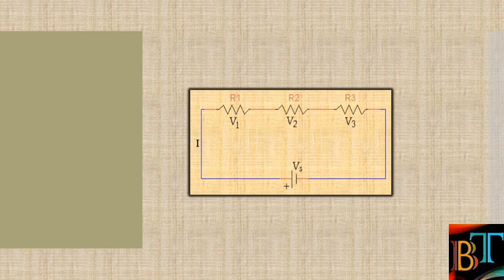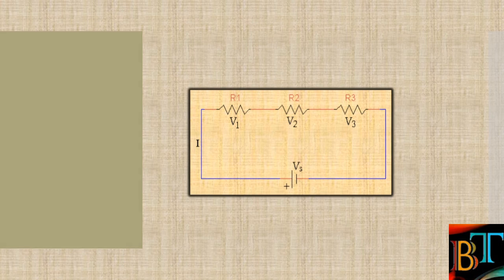As the potential difference is work done, if more resistance is there, then it has to do more work to pass the current. Now the potential difference across the entire circuit is equal to the sum of the potential differences across the individual resistors.